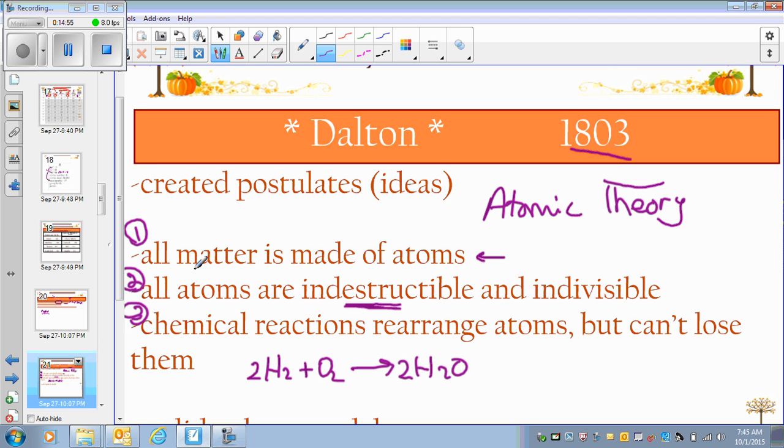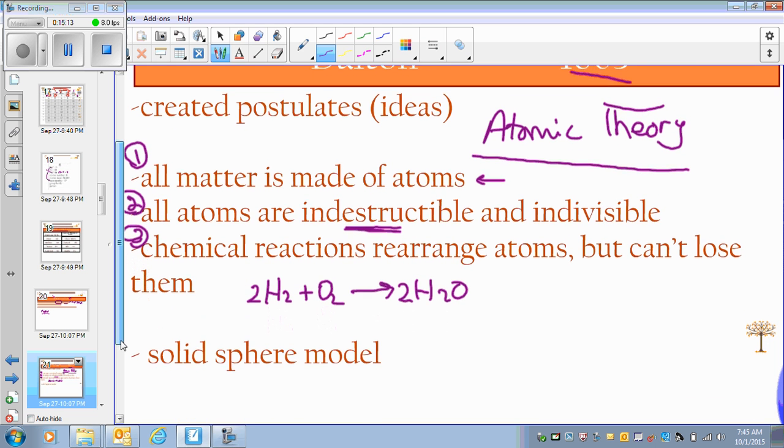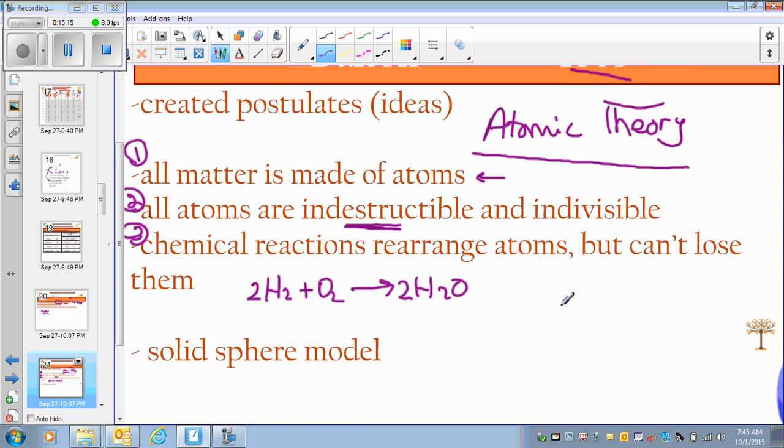So you have to memorize the 3 points of Dalton. Dalton gave us the first atomic theory. According to his theory, all matter is made of atoms. Atoms are indestructible and indivisible. And in chemical reactions, you don't lose or gain any atoms, you only rearrange them. And he gave us the first atomic model. It's called the solid sphere model. He didn't know anything else about the atom, like protons, electrons, or neutrons.